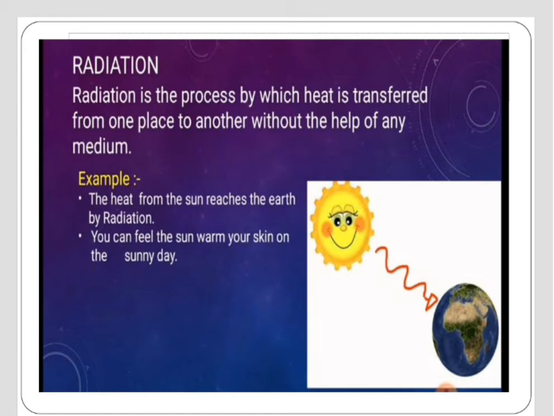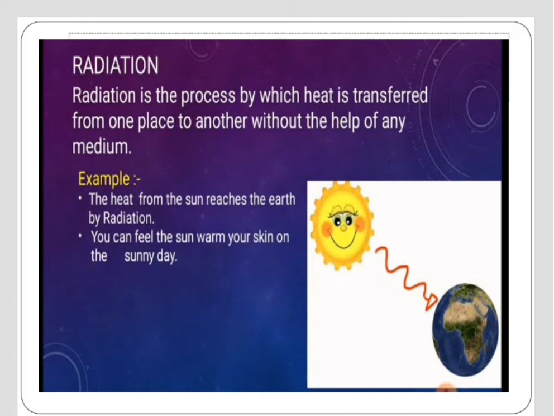Yes, that's why people advise using an umbrella. Yes. Now another example of radiation: when we sit in front of a room heater, we get heat by this process.